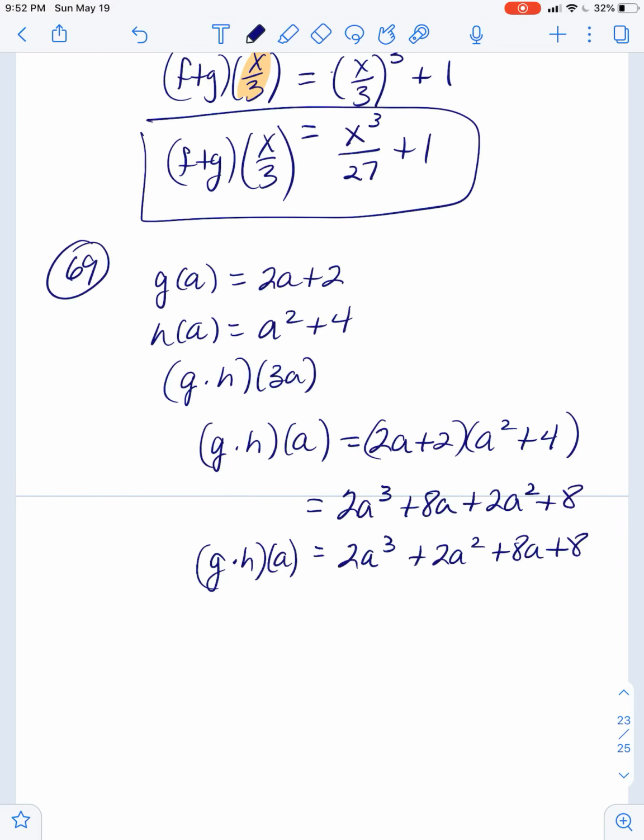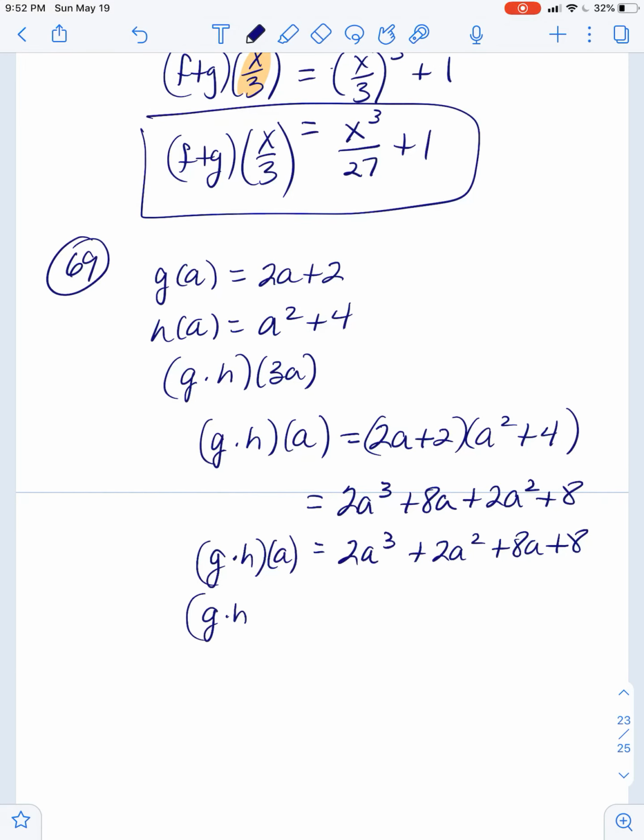Now it tells me to do it of 3a. So g times h of 3a then means to take, again, 3a, and I'm going to put it where each of these a's are. Okay? And so I'm going to get 2 times 3a cubed, 2 times 3a squared, 8 times 3a plus 8. Okay?